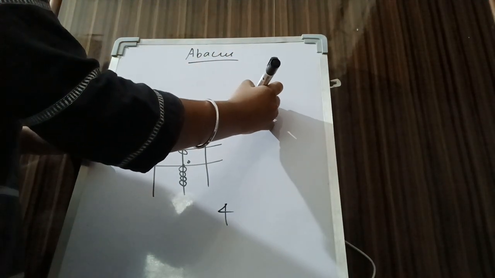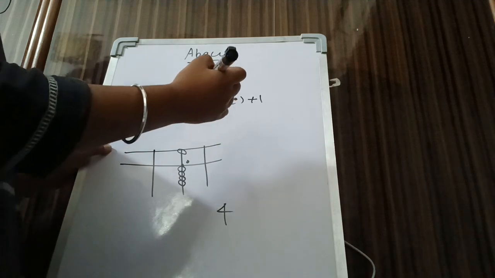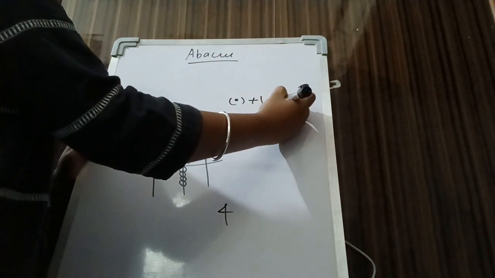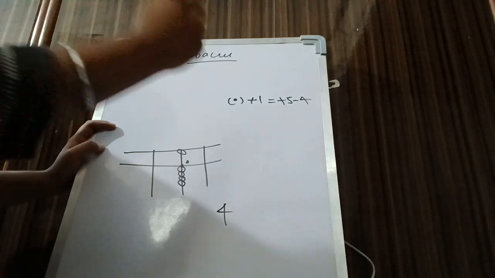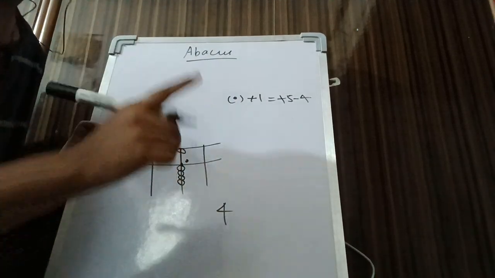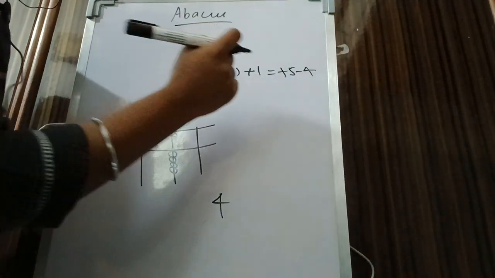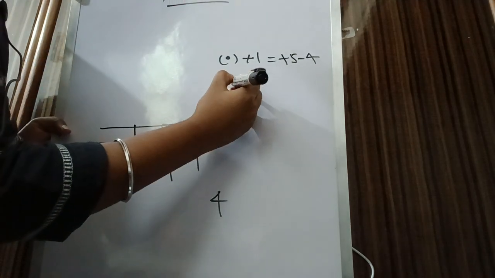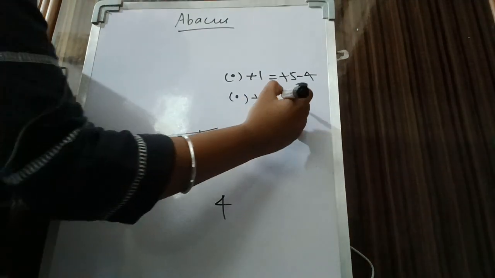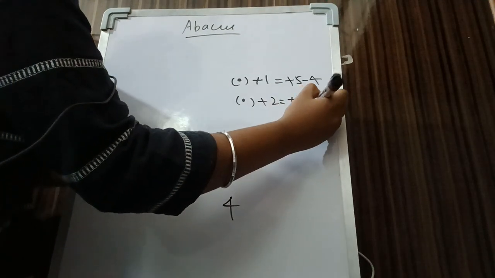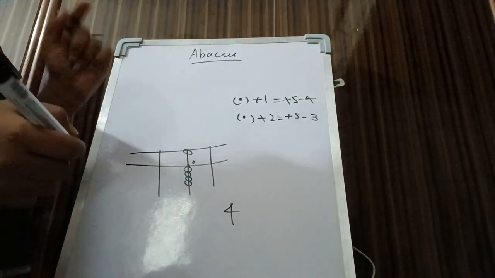If we want to add plus 1 in the ones place, we do plus 5 minus 4, right? Now the day's second complement comes, where we need to add plus 2. How can we add plus 2? Plus 2 is added as plus 5 minus 3. This is the second complement.